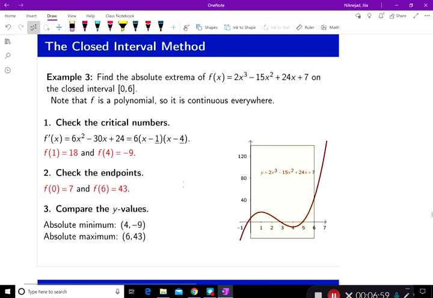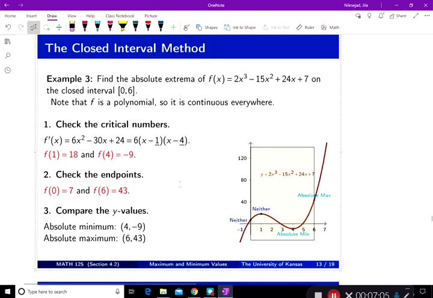And so we're working within a frame, and it gives you the absolute min and absolute max. And you see this one is neither and this one is neither. That one's a local max, but it's not an absolute extremum at all, and this endpoint doesn't give you any absolute extremum.